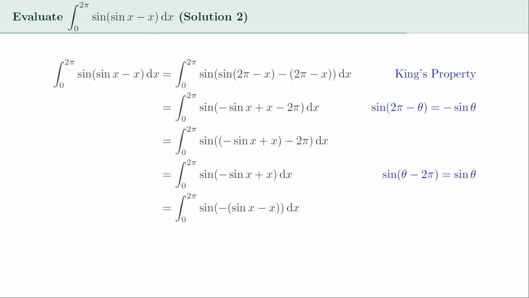It's because I want to have something similar to the integrand in the original expression, which is sine of sine x minus x. Next, we again use the property of sine, that sine of negative theta is equal to negative sine theta, to give us a negative of the integral of sine of sine x minus x. That looks very familiar because the negative expression is the original integral we have.